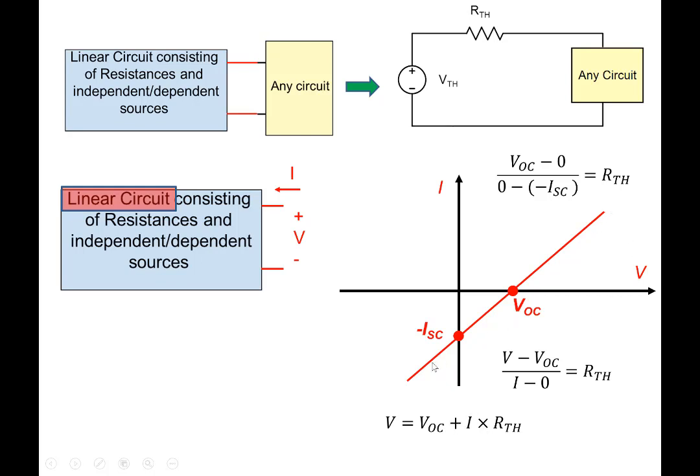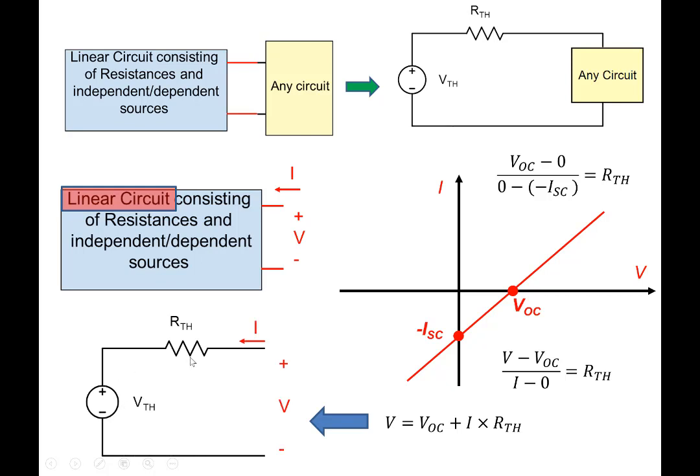So this line here, which is the IV characteristics of this particular circuit, can be expressed in this form. This is the equation of a line. And this expression, V equals VOC plus I times RTH, we can show in the form of a circuit. Instead of VOC, we have written VTH here, and RTH we've already seen, VOC by ISC.